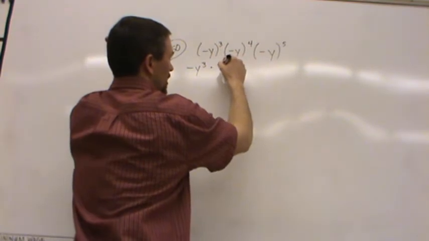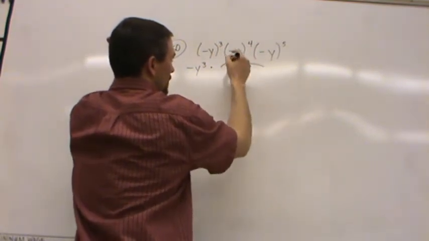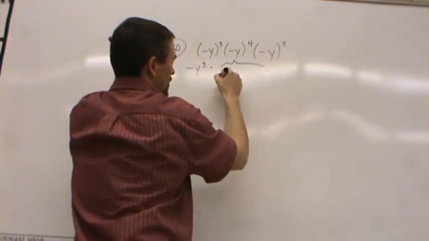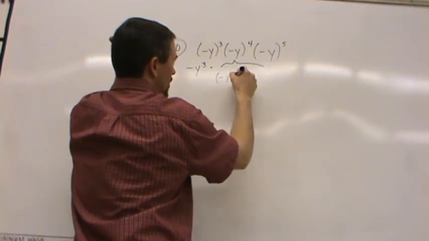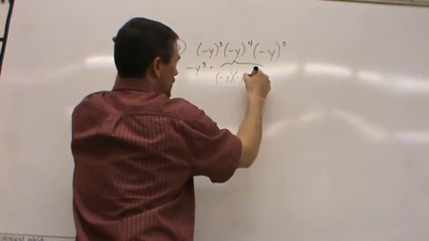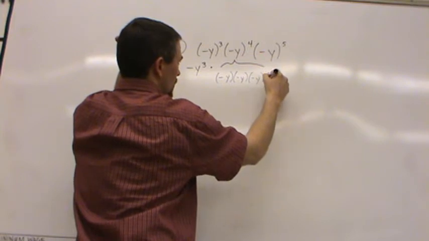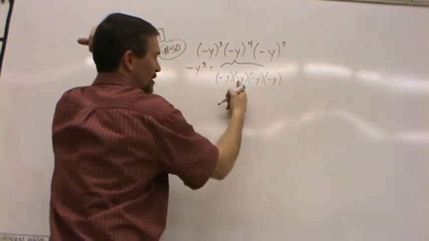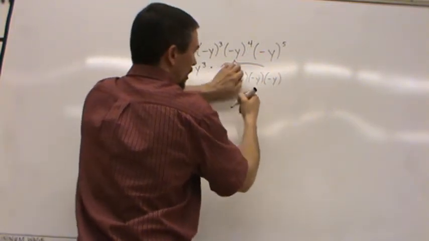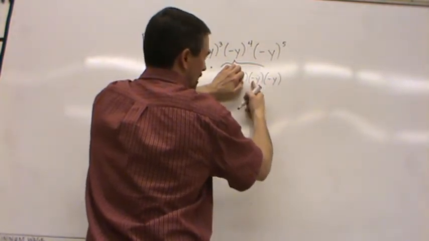Here though, we're going to see something different. This to the fourth power means negative y times negative y 4 times. And so negative times a negative is a positive. That positive times the next negative makes it negative again.